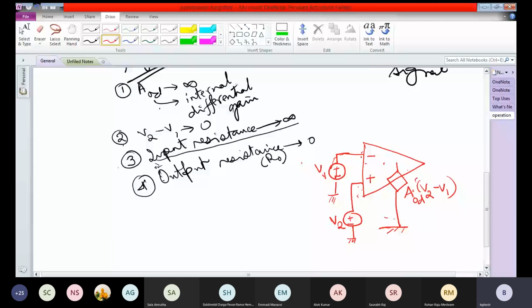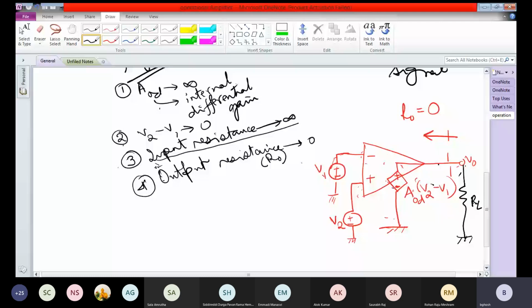So here that means it is connected here. So if you look from this side to this side, this is the resistance R0, that is 0. That means if you connect a load resistance here, because this output resistance is 0, this V0 is going to be independent of this load resistance.